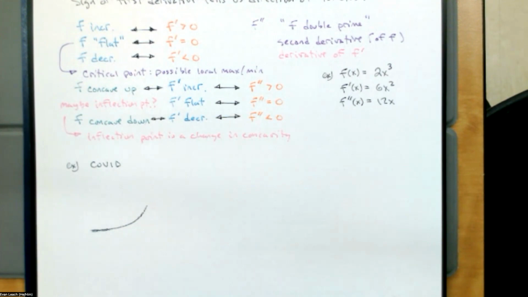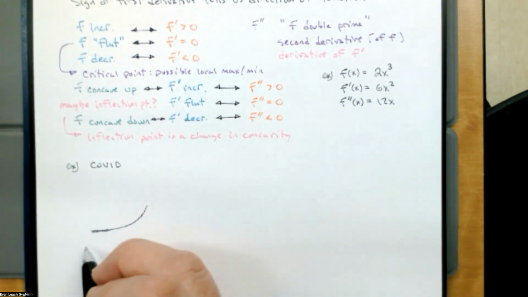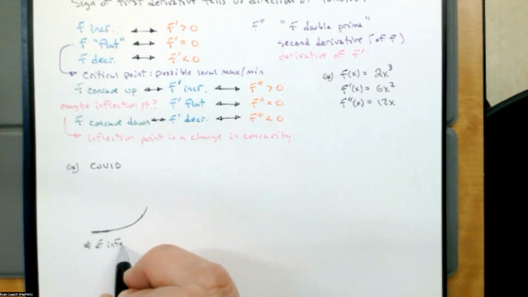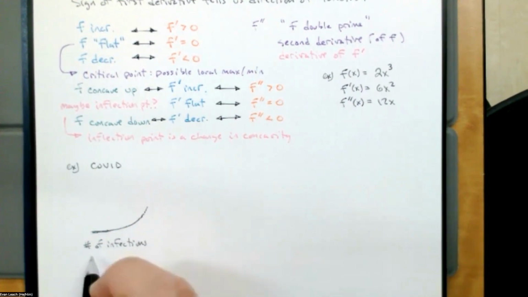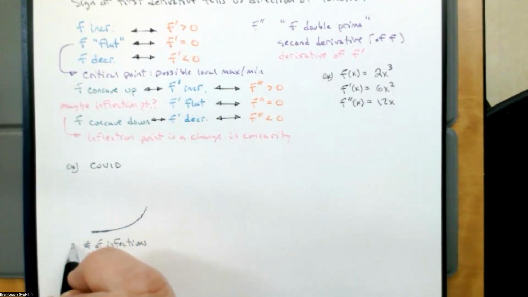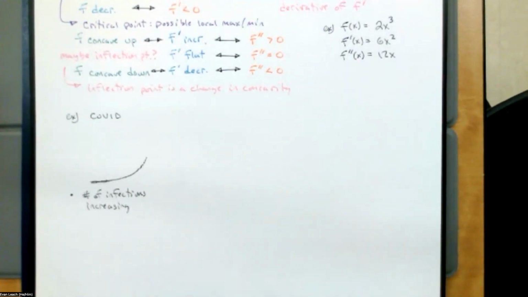So here, this represents the number of infections increasing, and the rate at which those infections are increasing is also increasing. The number of infections is increasing, and the rate of infection is also increasing.